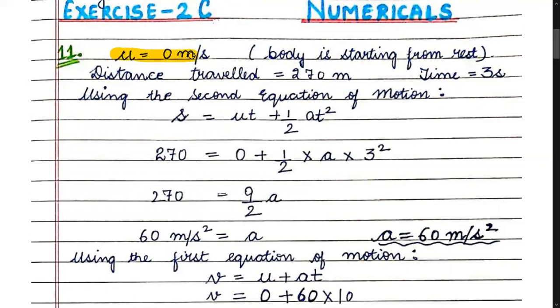That is, its initial velocity will be taken to be 0 meter per second. It travels a distance of 270 meter in a time of 3 seconds. So children, let us find the acceleration in this 3 seconds of time.